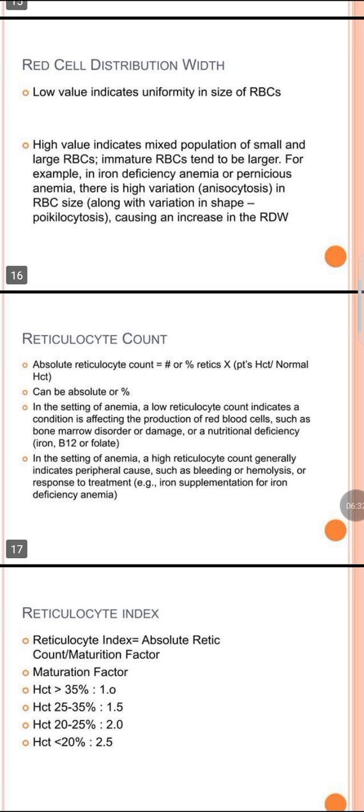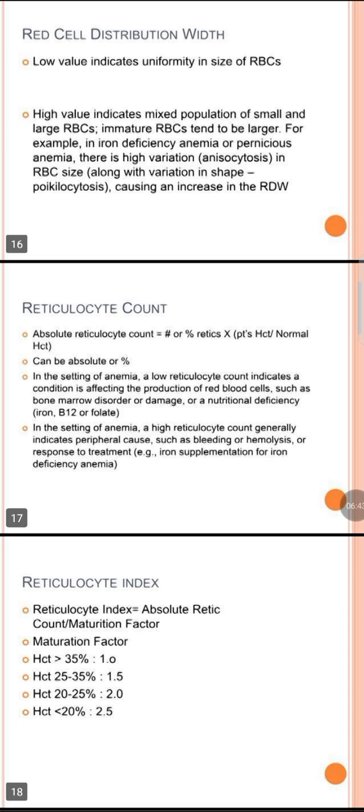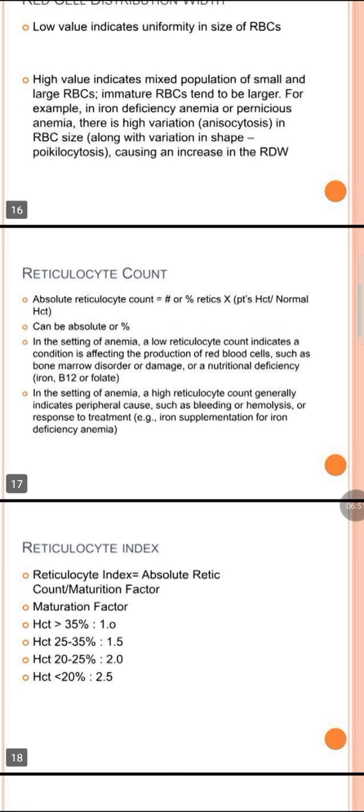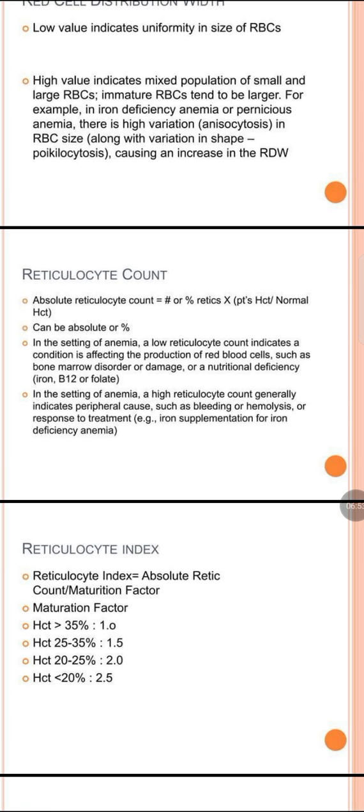For example, in iron deficiency anemia, there is high variation in size in red blood cells, along with variation in shape, causing an increase in the red cell distribution width.